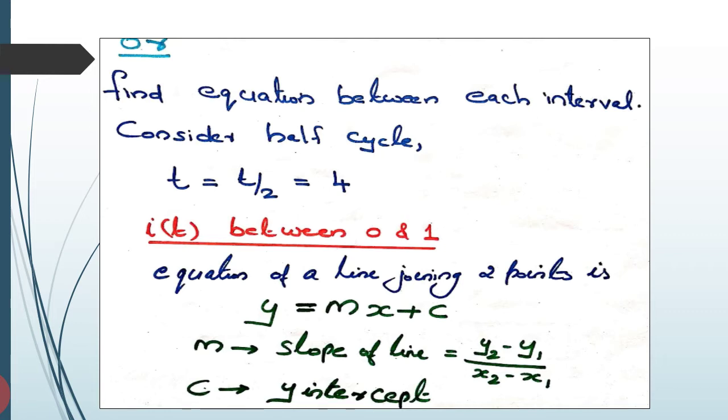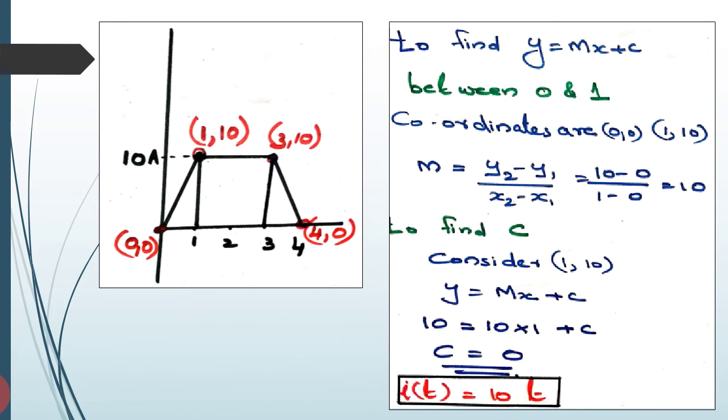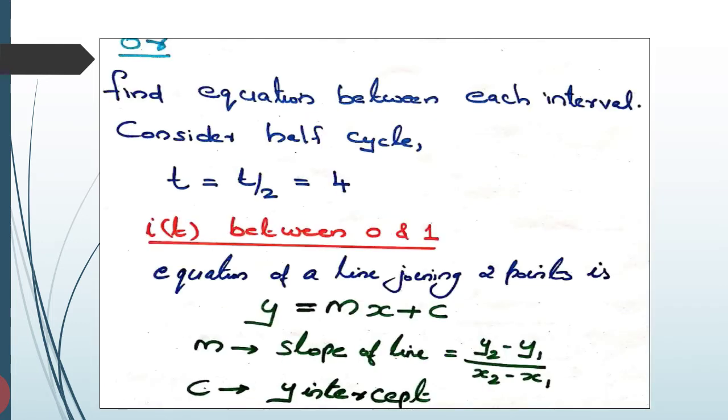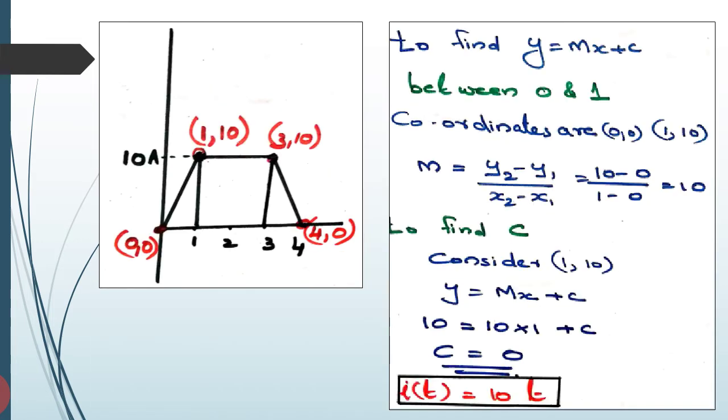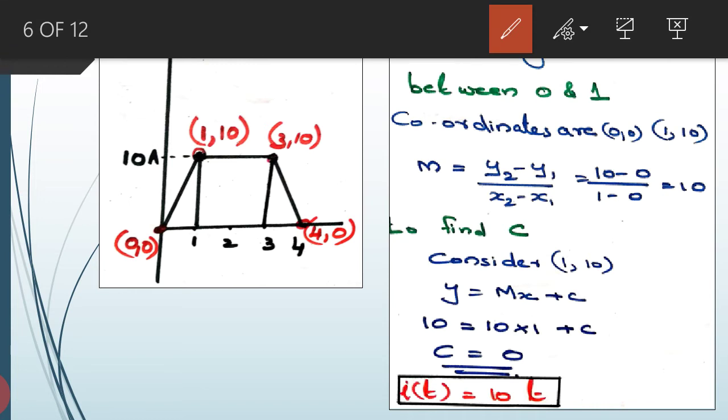Before finding the slope and y-intercept, we want to mark the coordinates first. The coordinates marked here are 0, 0 and 1, 10, then 3, 0 and 4, 0. That is x comma y of every point can be marked. Coordinates have to be marked first.